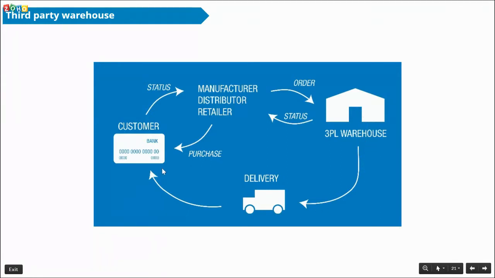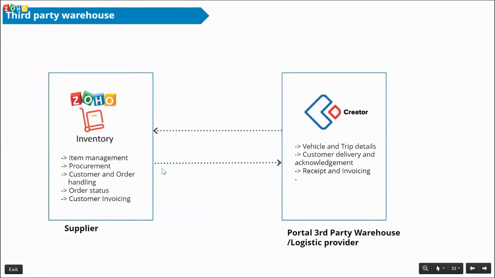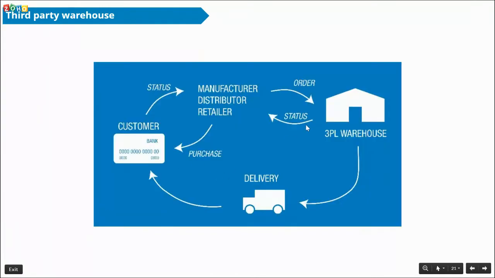So how does the Zoho Creator and Inventory integration help here? Within Inventory, you would be able to track the item management, procurement, customer and order handling, order statuses, and customer invoicing. And from Zoho Creator, a trip would be initiated from the warehouse to the customer's destination, and from the manufacturer's place to the third-party warehouse.